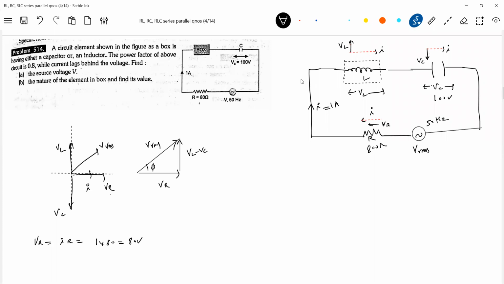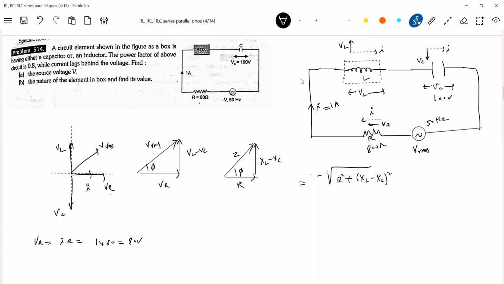Let's go for the impedance triangle. From the impedance triangle, cos phi. First we'll write impedance Z is equal to the root of R square plus (XL minus XC) whole square.